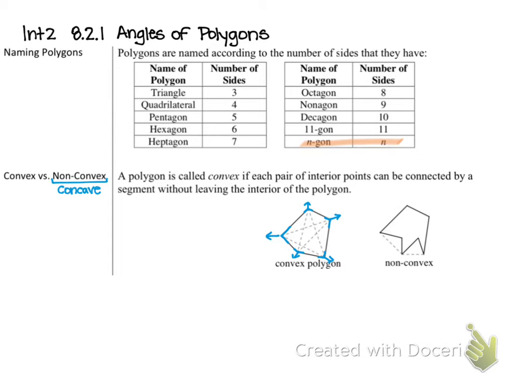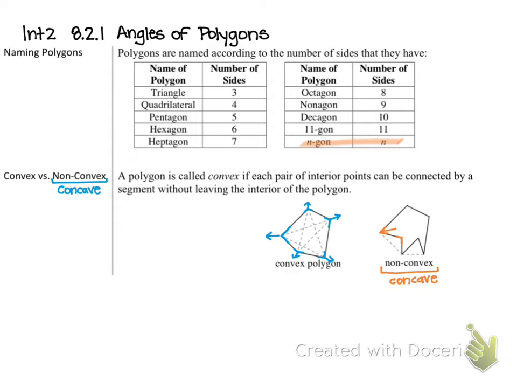A non-convex or concave polygon doesn't work that way the entire time. Like you can see over here where I just highlighted in orange, it looks like an arrow pointing out. However, it doesn't work that way with all of them.